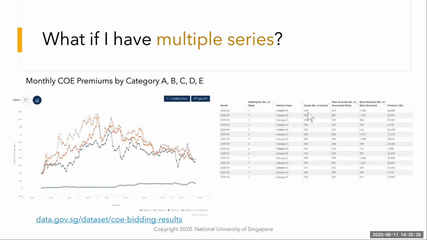It's easier to see here too. Okay, so basically each line, let's say this line with the smallest one. This one is category, I think E probably, even though the color doesn't really match. Okay, so every data point here is only for category E. So if I go through this, I will have to filter out category E. So first, I have to take this value, 32500, very small, cannot see, but this value, and then I jump to the next category E value.